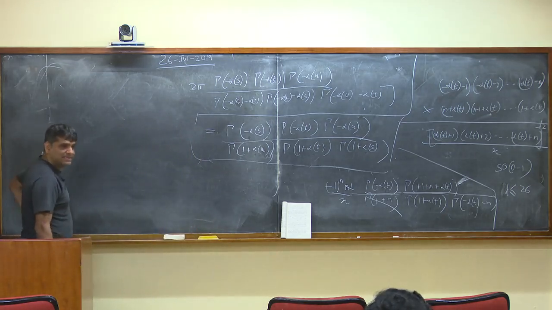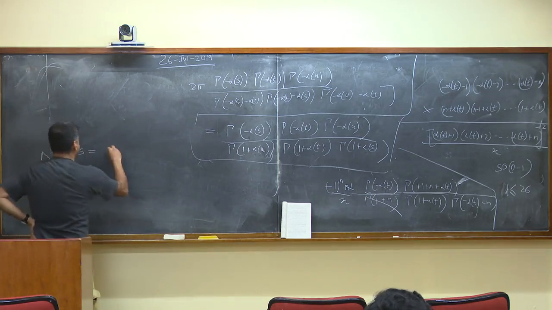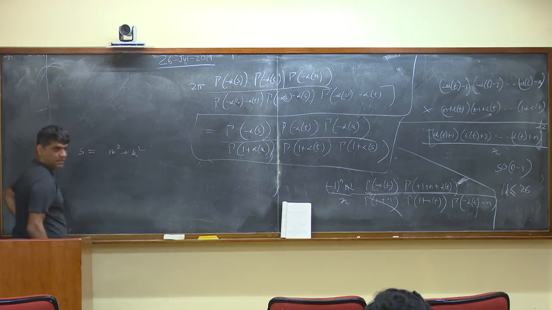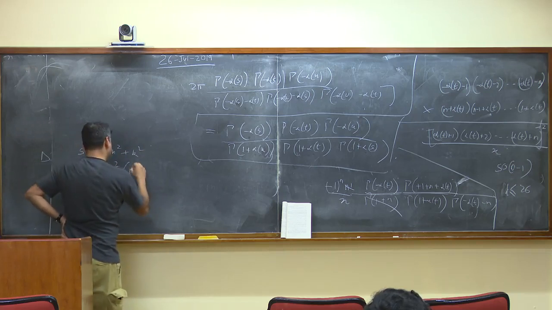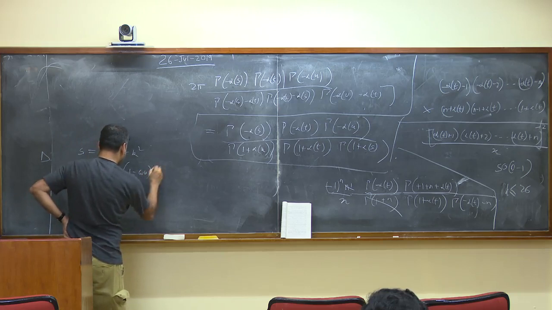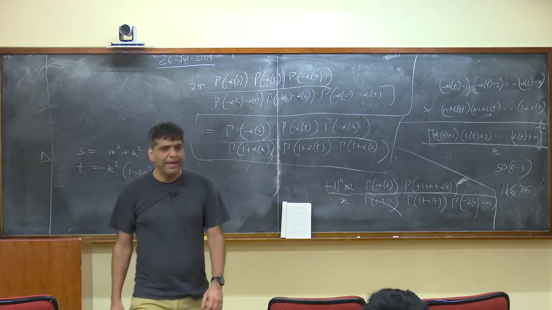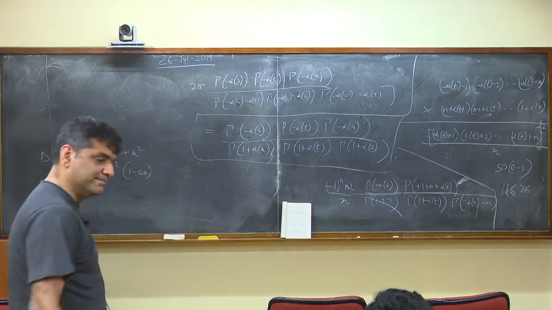In yesterday's class, we computed what S was. S was equal to, in the center of mass frame, m squared plus k squared, whereas T was k squared into 1 minus cos theta. Now suppose we go to k goes to infinity.